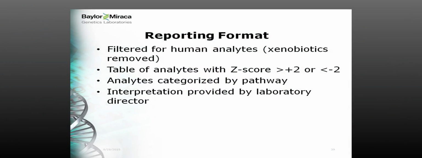So we had lots of discussions about how we were going to report the data. I was quite concerned, given the number of metabolites that we were going to be getting back from Metabolon, of how in the world we were going to ever get through all of this data to generate a report. But it's actually quite surprising.